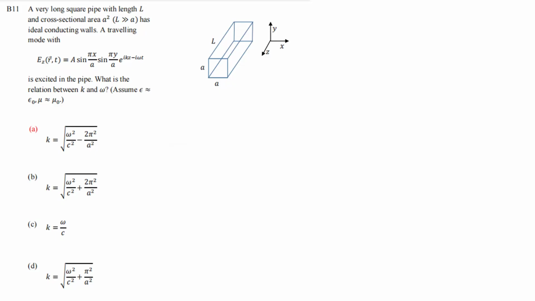Assume epsilon equal to epsilon 0 and mu equal to mu 0, meaning the permittivity of the free space and magnetic permeability of the free space. Okay.